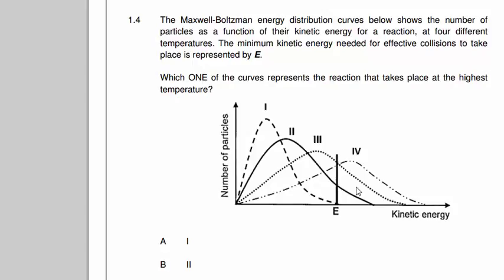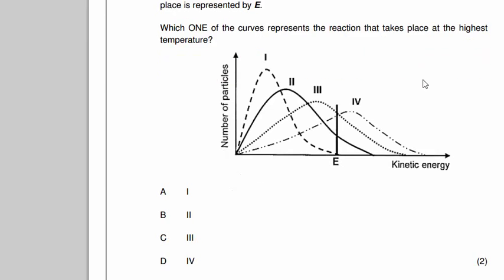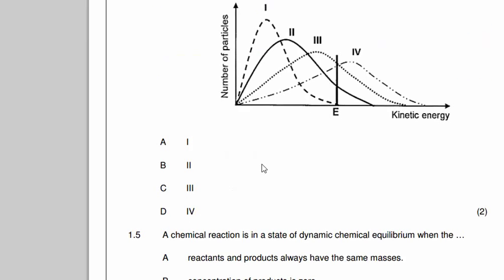It doesn't matter what you use as 1, but their area represents 100% of area. So this one's area is the same as that one's area, but it's stretched out rather than squeezed in. And this one will have a bigger percentage of its area on the successful collision side. So this will be answer D. Okay.